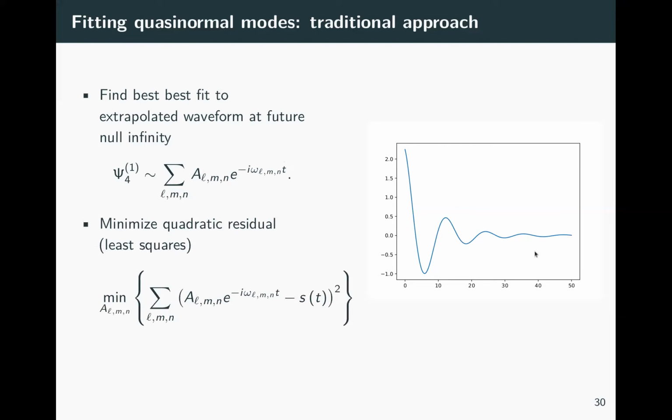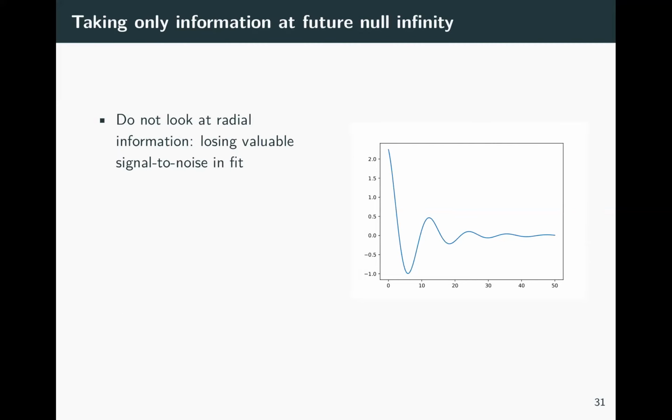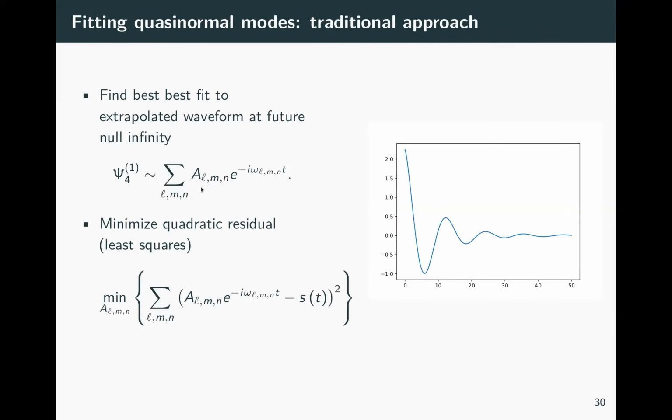And for example, you might want to minimize the least squares. You might take your signal S, subtract the modes, and minimize that. That could be one way you do this. In this method, you're not looking at any other information beyond, say, angular and time. I should say you do an angular decomposition too. So you might look at the L=2 spherical harmonic times signal and do this decomposition.